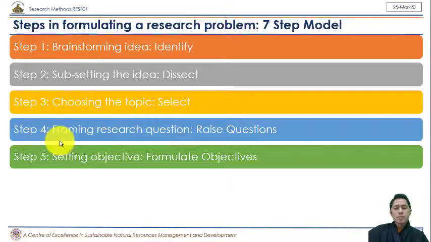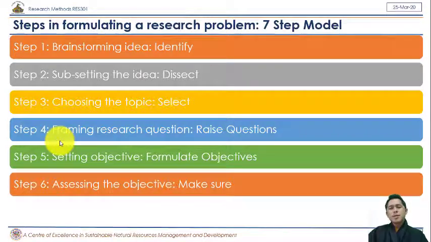So set around 3 to 4 objectives, then make sure that these objectives are achievable, measurable, and time bound, basically following the SMART principle, and make sure that these objectives are something that interests you, something that is within your expertise, within your relevancy.